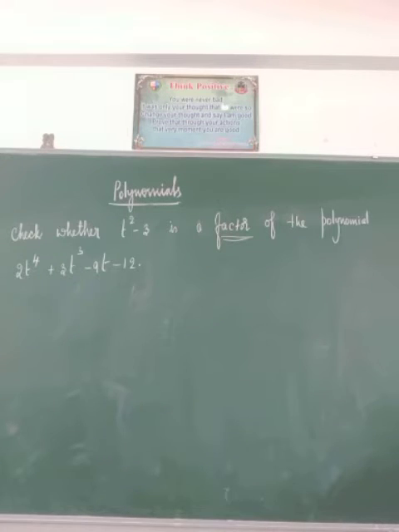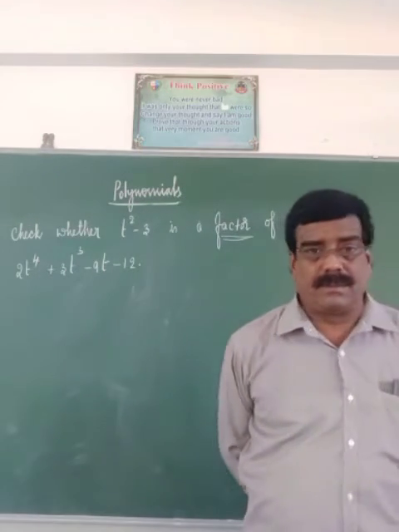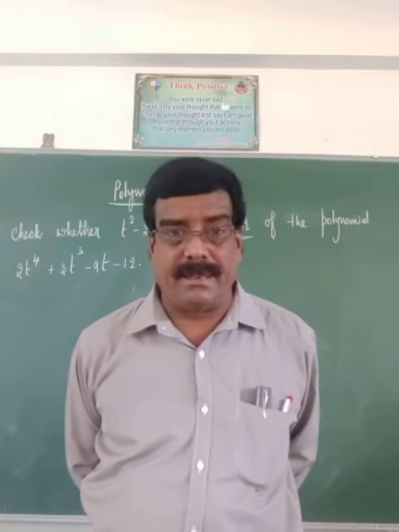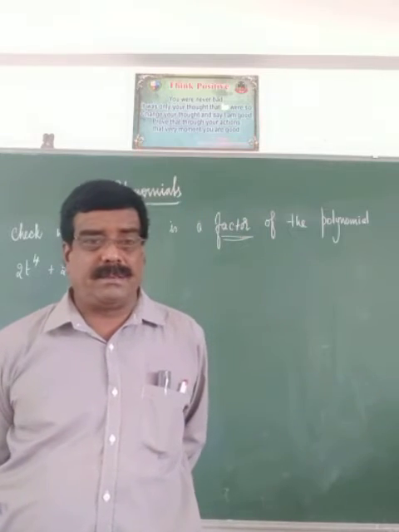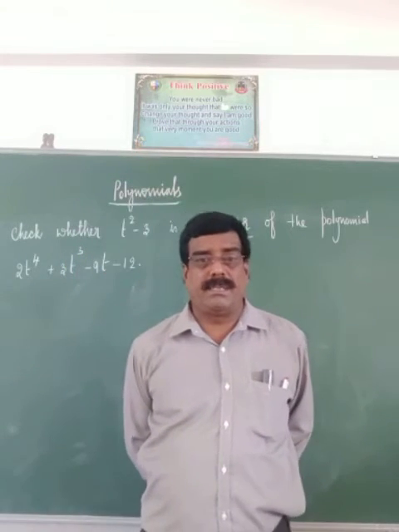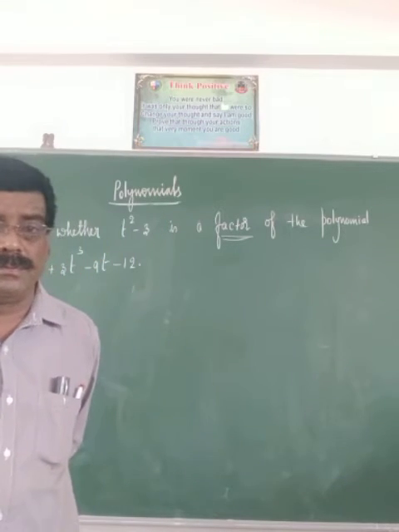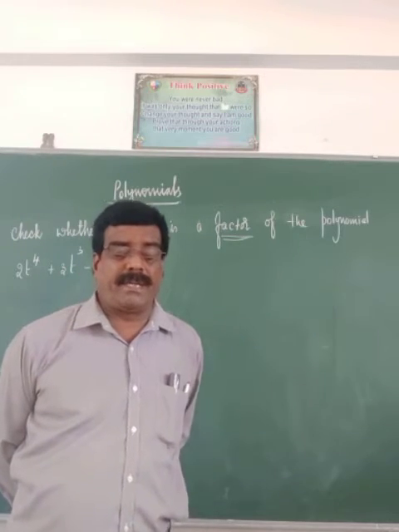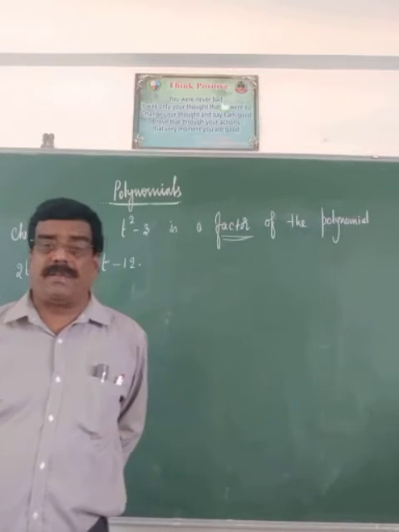For example, we say 2 is a factor of 8. Children, 2 is a factor of 8. Do you know why? If we divide 8 by 2, that is 2 4s are 8. The remainder is 0. If we get the remainder as 0, then we can say the one term is the factor of the other.